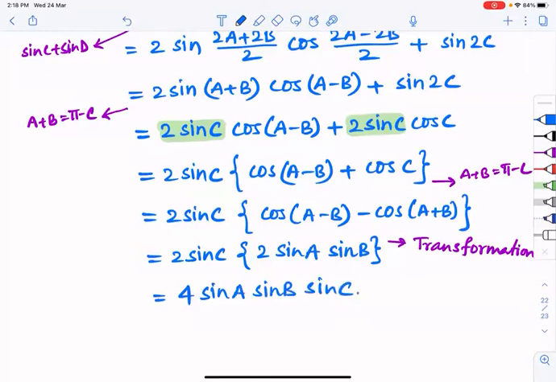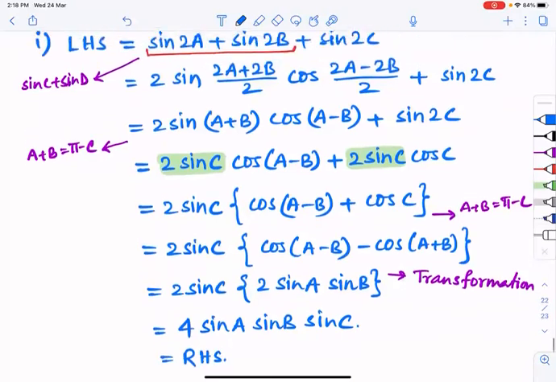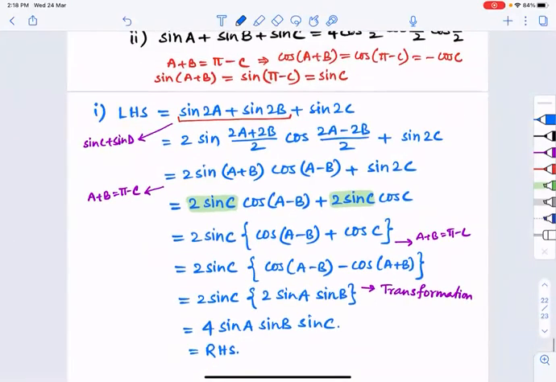So this is our RHS. So again, this type of question, you can use a transformation formula at the first step. After that, you have to use some other formulas and conditions, another transformation formula here, and then you can get the answer. Okay.